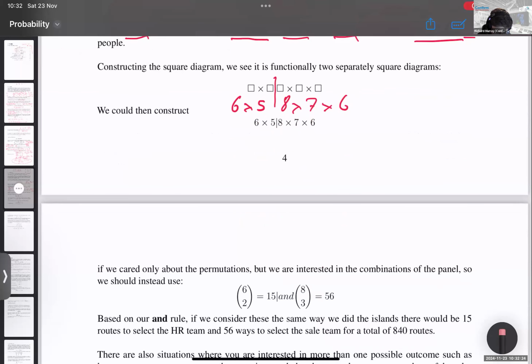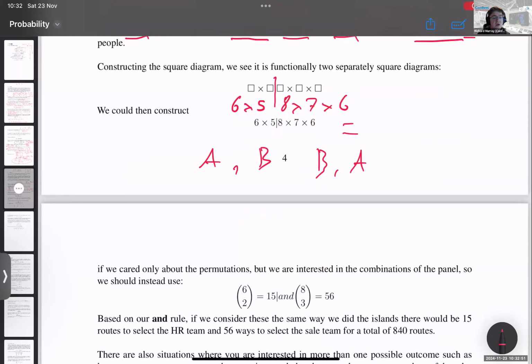But this is just the number of permutations. So we could see here that we're going to be overcounting because there's going to be multiple people from the HR team that would be selected the same way. So you could have person A and then person B, but you could also draw person B and then person A. And these are equivalent for the actual composition of the interview panel.